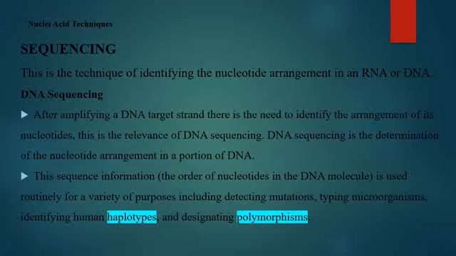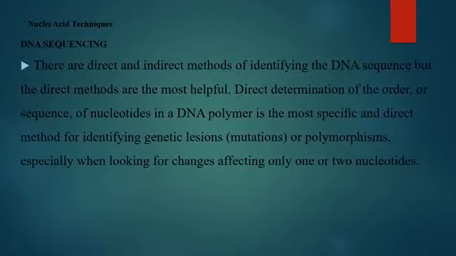So that's DNA sequencing. Now there are direct and indirect methods of identifying the DNA sequence, but the direct methods are the most useful. A direct determination of the order or sequence of nucleotides in a DNA polymer gives the most specific and direct method for identifying genetic mutations or polymorphisms.